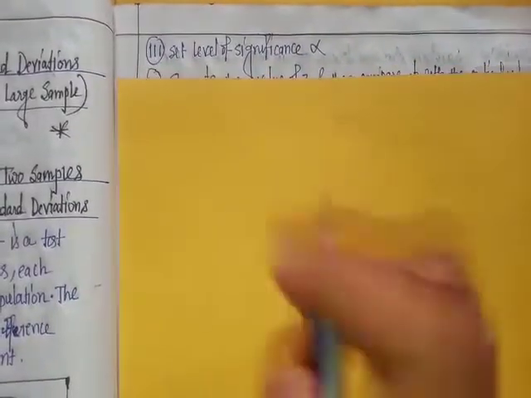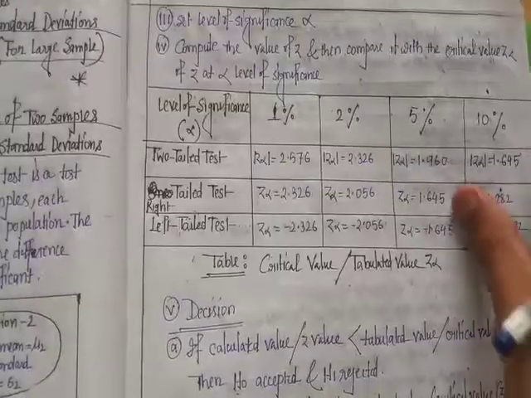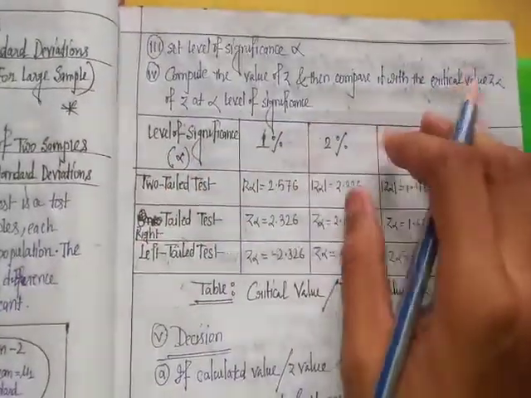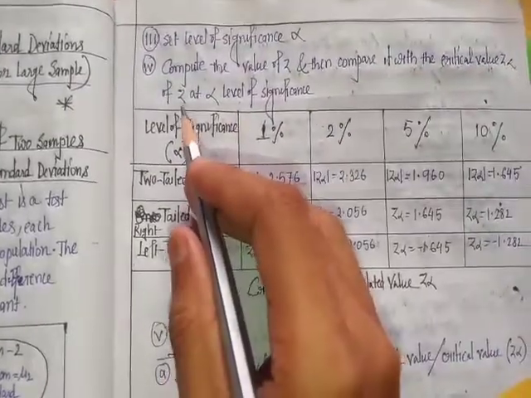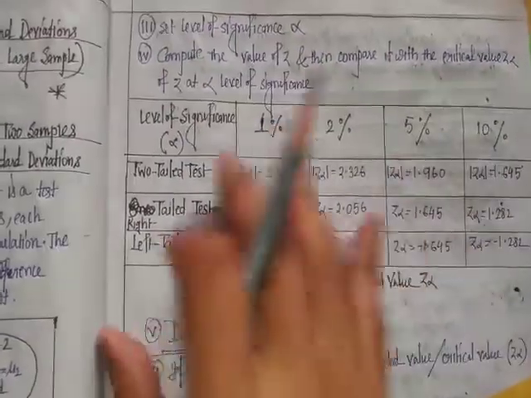Next we will set the level of significance alpha and compute the value of z, and compare it with the critical value z alpha at the alpha level of significance. Please remember these values.